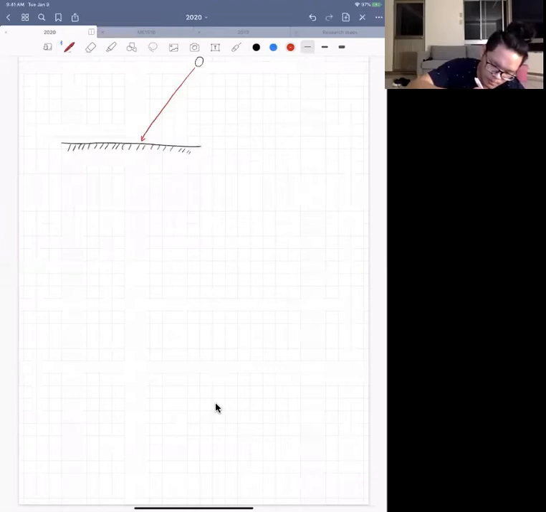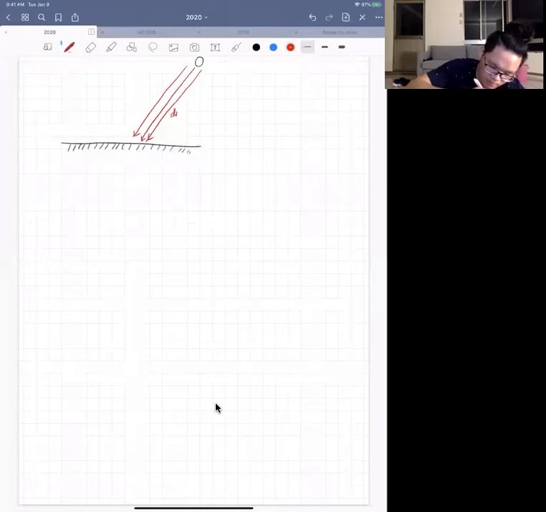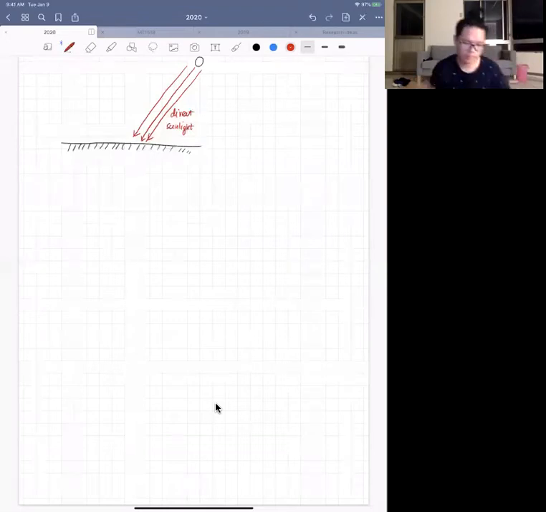But in the meantime, you will have scattered light. So this is direct sunlight. Now, because of the existence of a large number of scattering events, you also have so-called diffuse sunlight that comes in from all other directions.